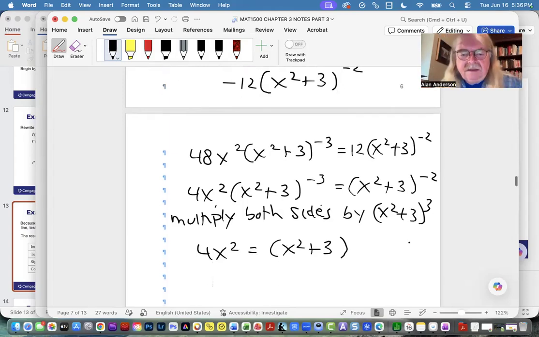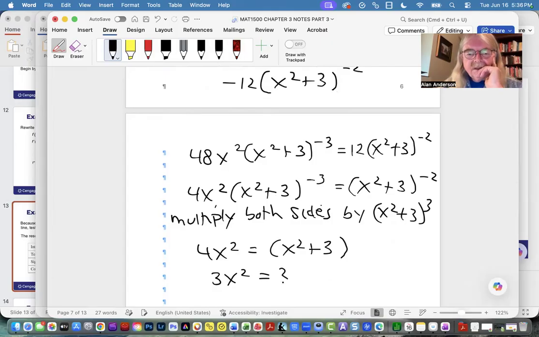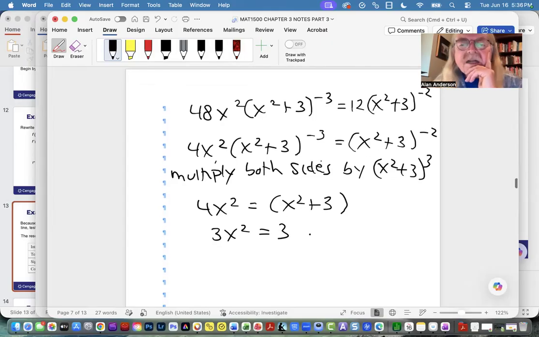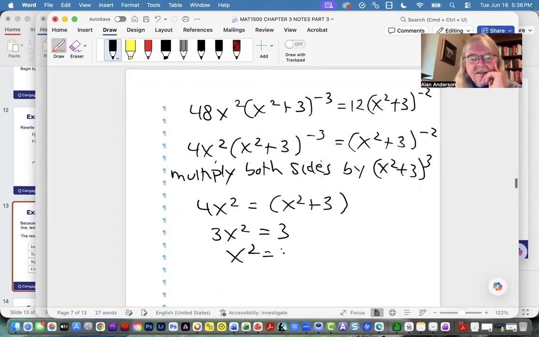Wow, look at this mess. Okay, it's a little bit better now. You've got 3x squared equals 3. I subtracted the x squared from both sides. Divide out the 3. All right, so oops, that's a 1.